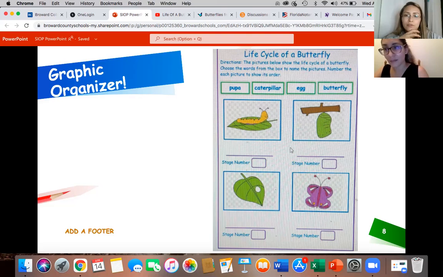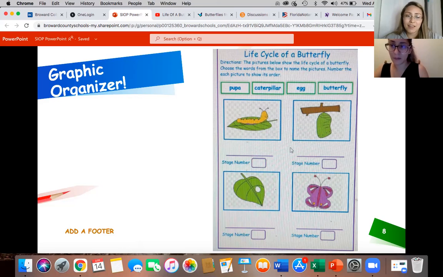Oh, I see a lot of 2s and a couple of 1s. So let's recall the larva, it's the second stage of the butterfly. So just because I saw a couple of 1s, I'm going to slow down a bit and go back. So let's go down to the picture right under the caterpillar. That is a picture of an egg.